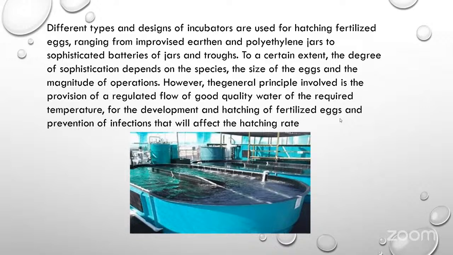However, the general principle involved is the provision of a regulated flow of good quality water of the required temperature for the development and hatching of fertilized eggs and prevention of infections that will affect the hatching rate.